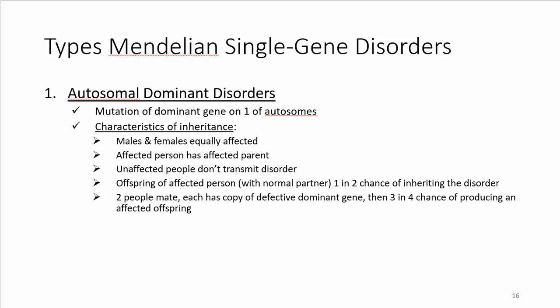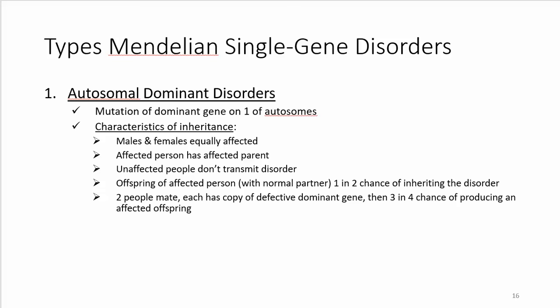Okay, so the autosomal dominant disorders are when the abnormal gene is dominant. It's the capital letter of the allele. When it's autosomal, that means it's the 22 chromosomes that aren't the sex-linked chromosomes. So because of that, men and women are equally affected.